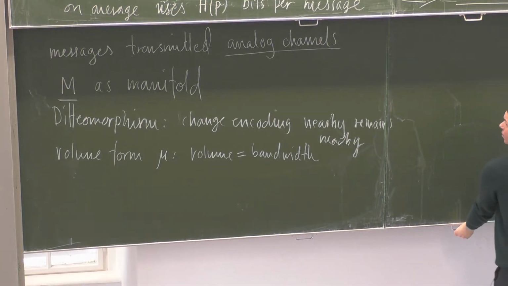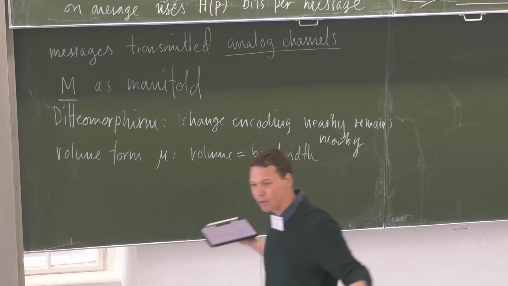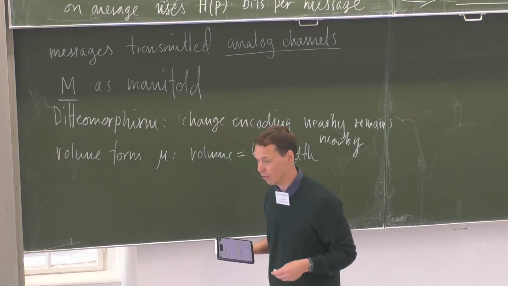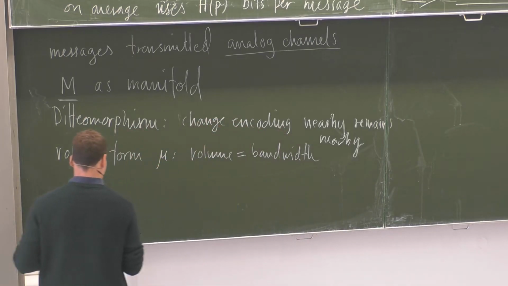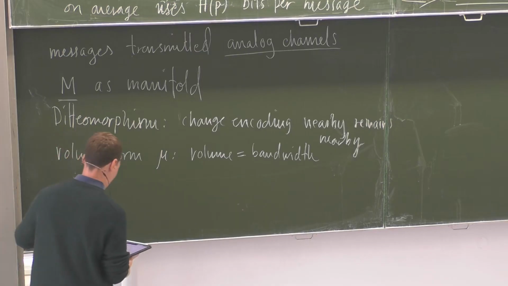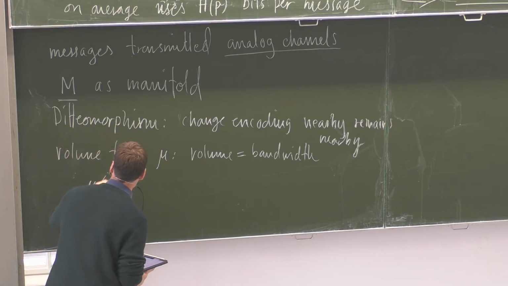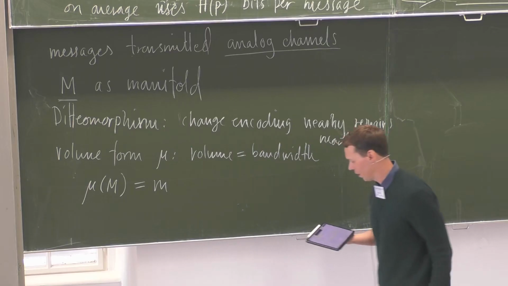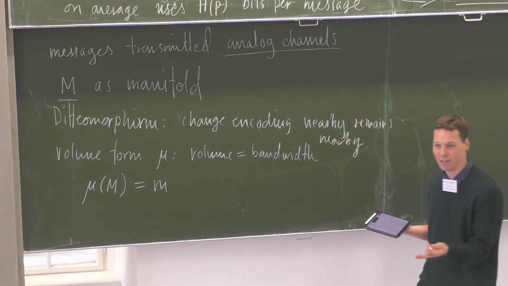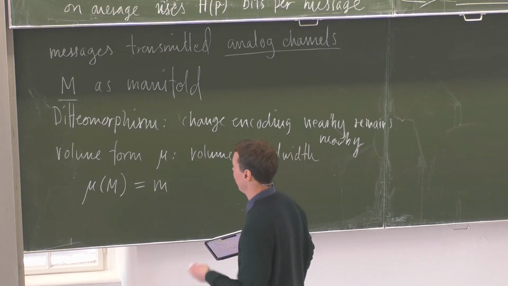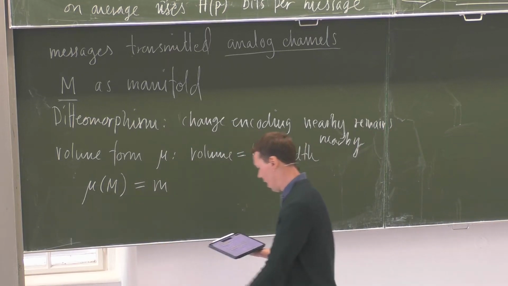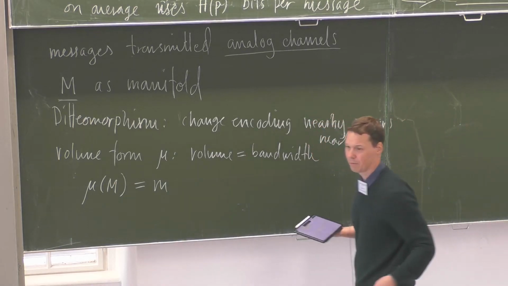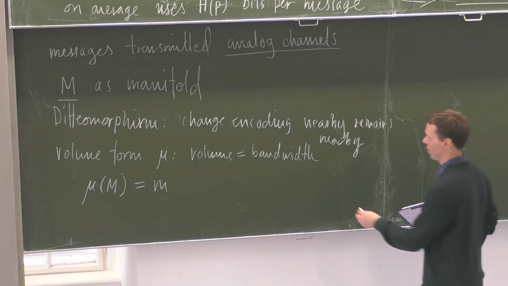The amount of information that I can store in this system should correspond to the total volume of my manifold. So if I had M messages, then the total volume of the manifold should be M. You should think of this as the maximum number of discrete messages that you can transmit in this analog way, given the noise level you have, given this bandwidth.